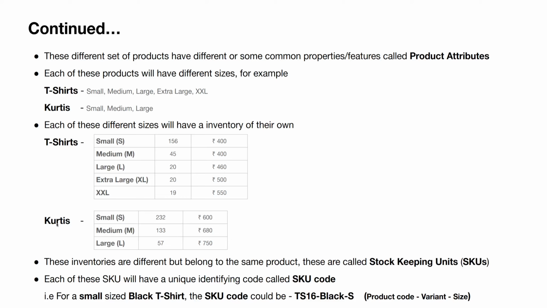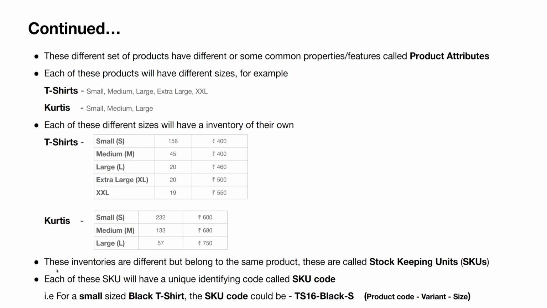Similarly, for kurtis, let's imagine a product and that also has small, medium and large different set of sizes and inventories, and their prices also differ. So the point being that a product belonging to t-shirts and a product belonging to kurtis will have different sizes and will have their own inventory of each size, and they can have different or same prices also.